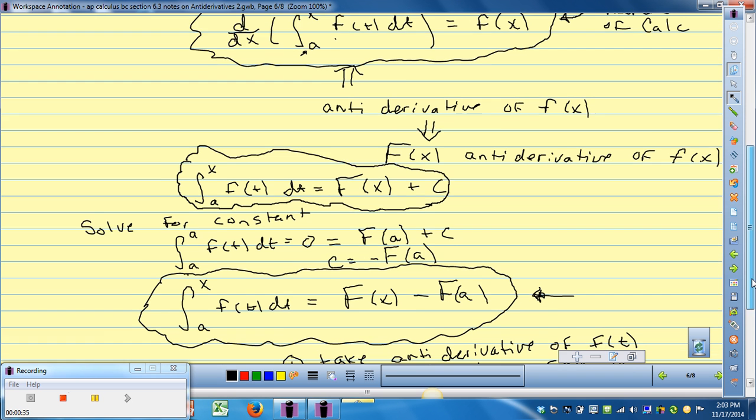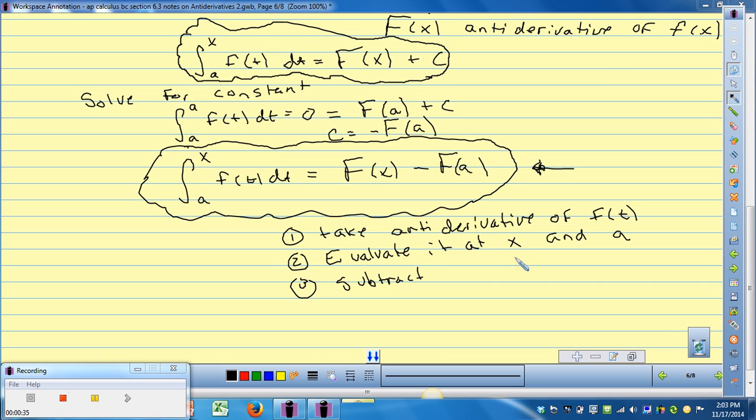And what that leads us to is the form of the fundamental theorem of calculus, the way that it is seen most often. So that's what is in this final cloud here. The definite integral from a to x of f of t dt will equal the antiderivative, capital F, of x, notice that is the upper limit of integration, minus capital F of a, which is the lower limit of integration.